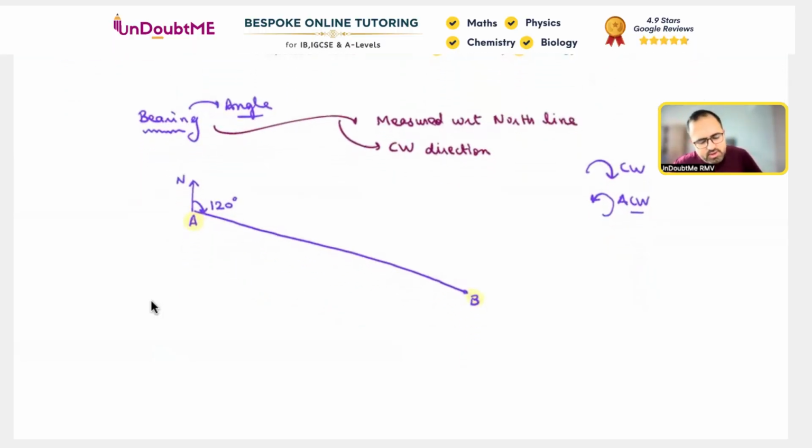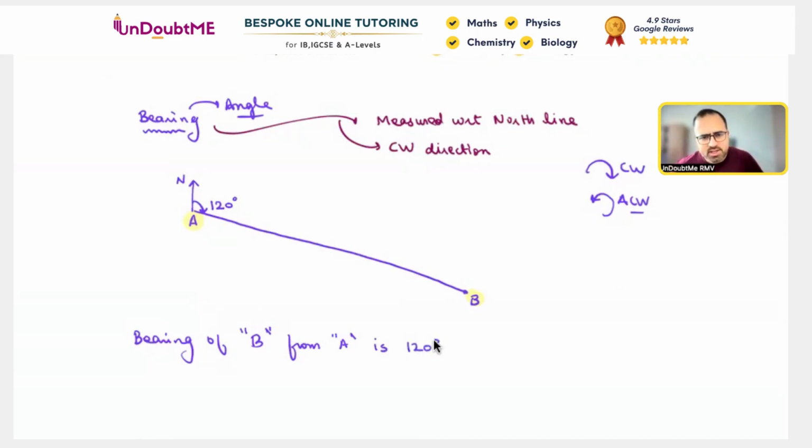We will say bearing of B. Why B? We were measuring from A, but I'm saying bearing of B because we are going towards B. So you have to always understand that where you are going, you will say bearing of that point. So bearing of B from A. From A means from where we measured it. Now it will make more sense. So bearing of B from A is 120.